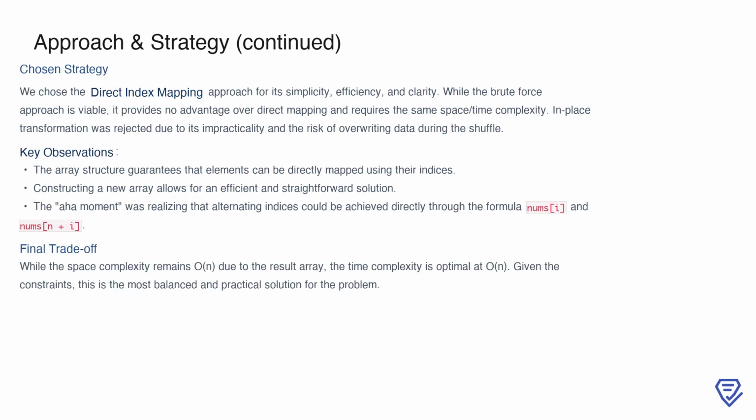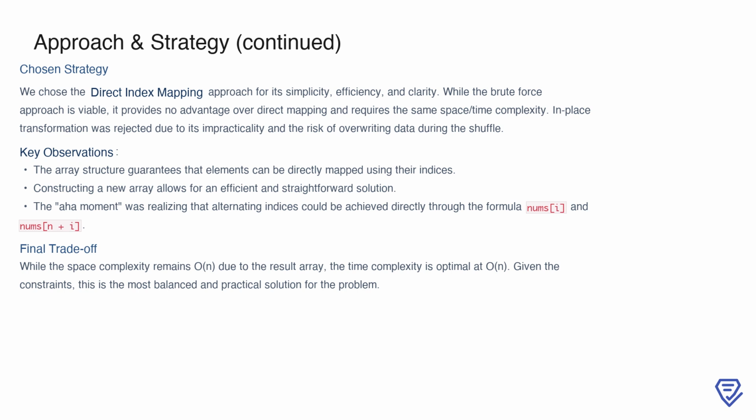Ultimately, we chose the direct index mapping approach as our strategy because it strikes the right balance between simplicity, efficiency, and clarity. While the brute force approach is a valid option, it doesn't offer any advantage over direct mapping in terms of time or space complexity. On the other hand, in-place transformation, though theoretically space-efficient, is overly complex and poses significant risks of data corruption.